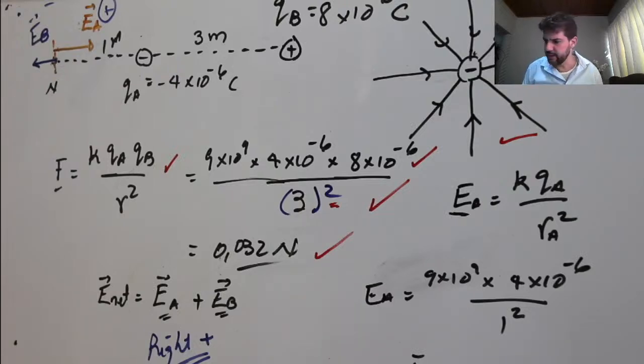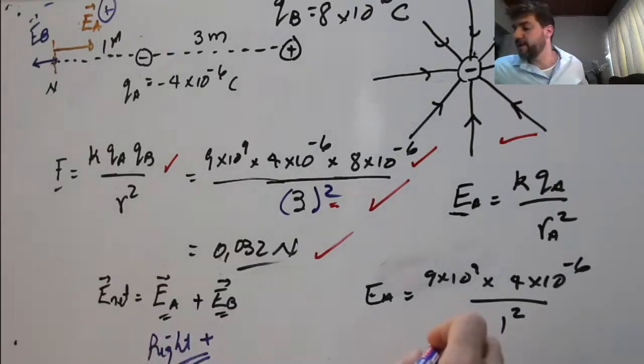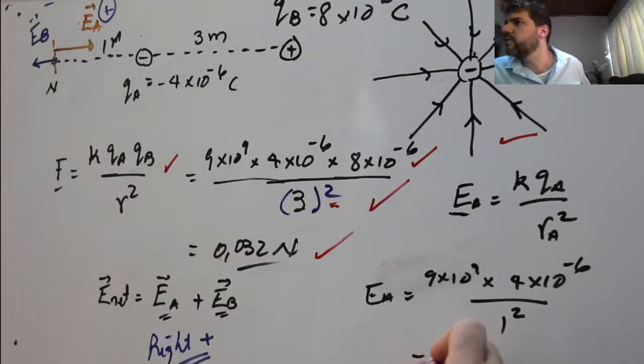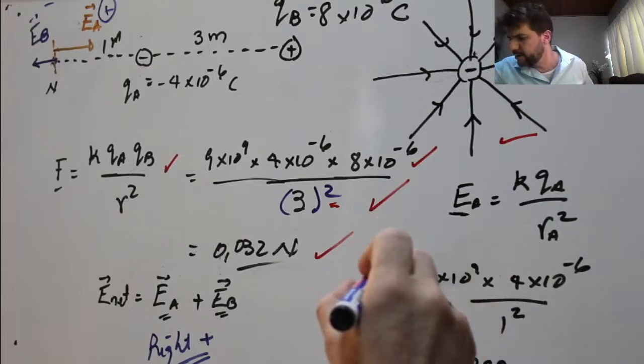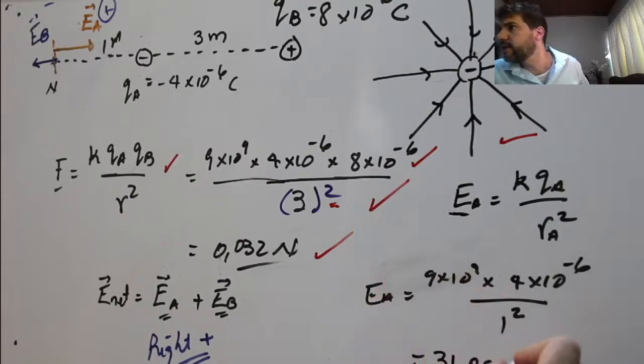Let me just check here. I want to make sure. Yes, you should get 36,000. That is the correct answer. You can convert it into scientific notation if you want. This one is Newton per Coulomb.